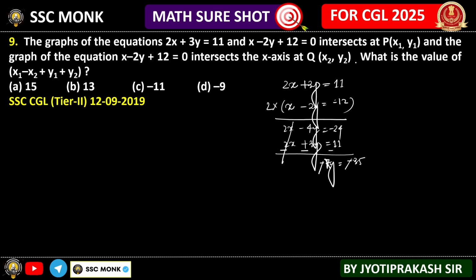Minus gone, 7 fives are 35. So what is the value of y? y is equal to 5. If I put the y value in this equation, x minus 2y is equal to minus 12, so x is equal to minus 12 plus 10, that is equal to minus 2. So what is the point of intersection? That is P, which is x1, y1, equal to minus 2 and 5.